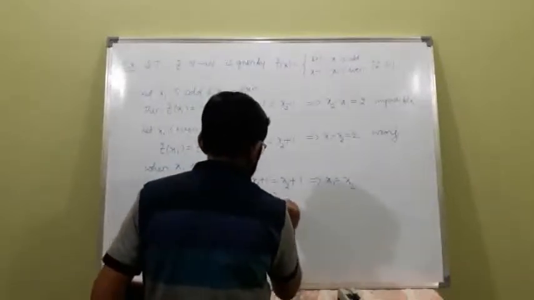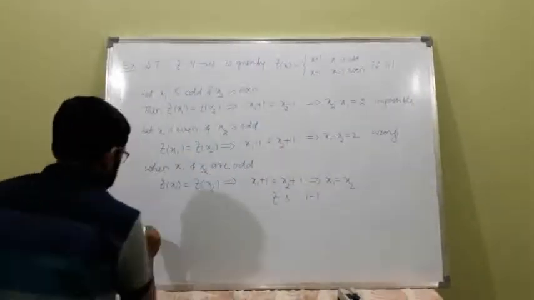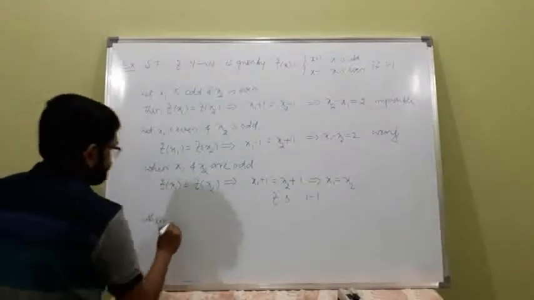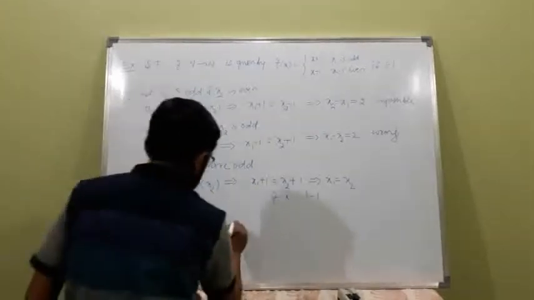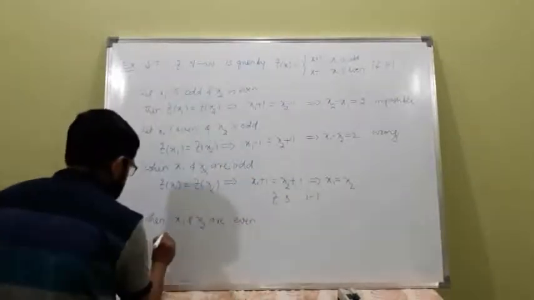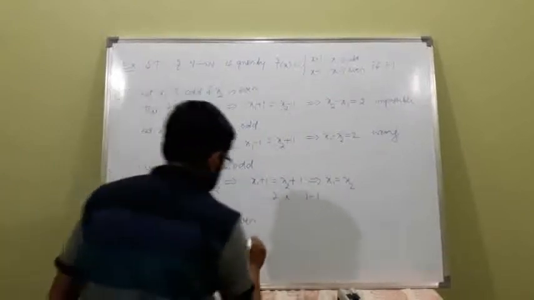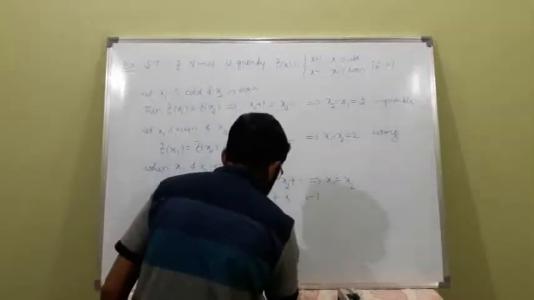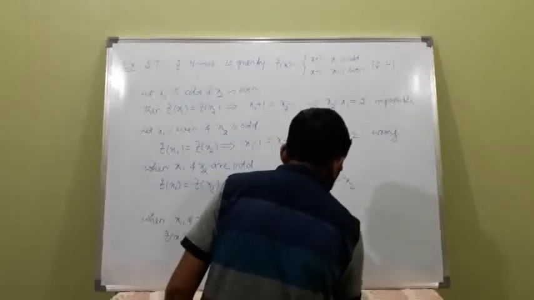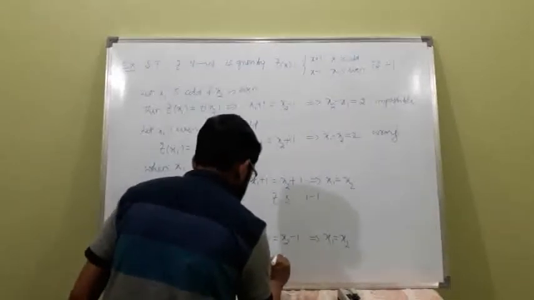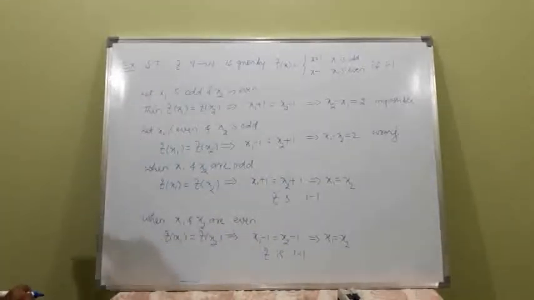Therefore f is a 1-to-1 function. When x1 and x2 are even, then f(x1) is equal to f(x2), x1 minus 1 equals x2 minus 1 implies x1 is equal to x2. Therefore f is 1-to-1. Okay.